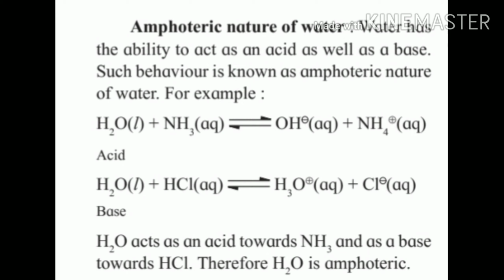Now just pay attention to the last statement written there. H2O acts as an acid towards ammonia, and H2O, water, acts as a base towards HCl, and that is why, because it is acting as an acid and a base, it is said that water has amphoteric nature.